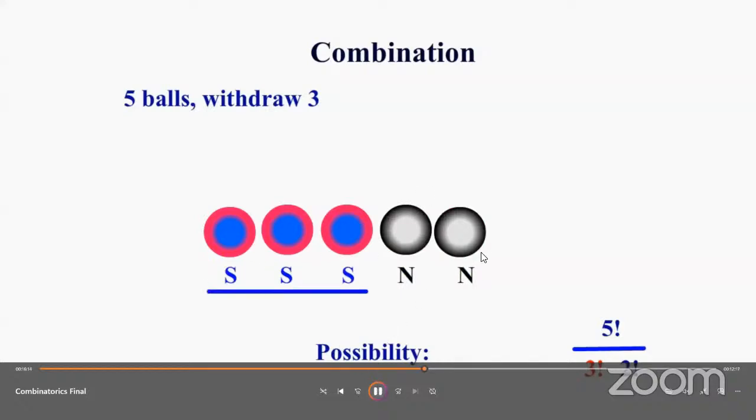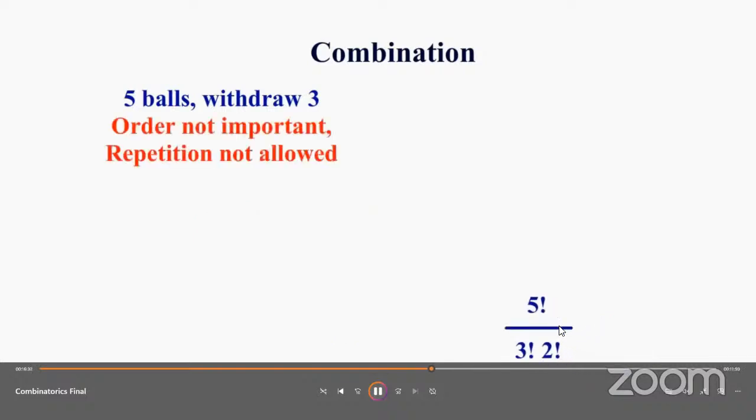So there are actually only two kinds of ball here. The first one, there are three. The second one, there are two. These three correspond to that three, and these two correspond with that two. The total is 5.